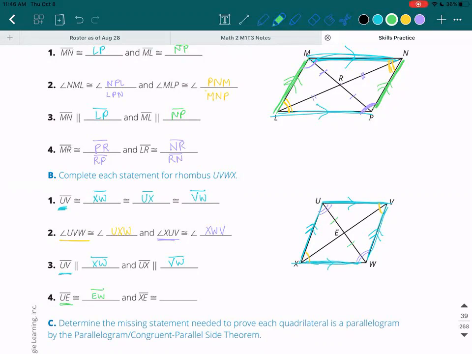And then we also have XE, which is congruent to EV. Good. So this diagonal also got bisected. So the two diagonals bisect each other. Any questions on anything we've done so far? Make sure you let me know.